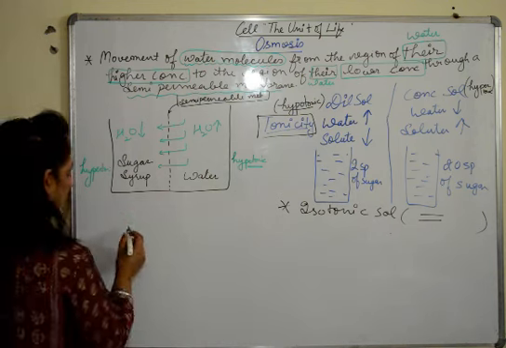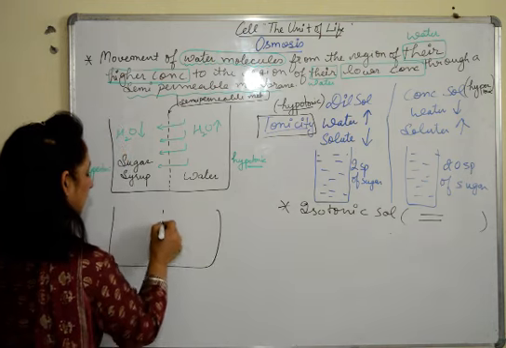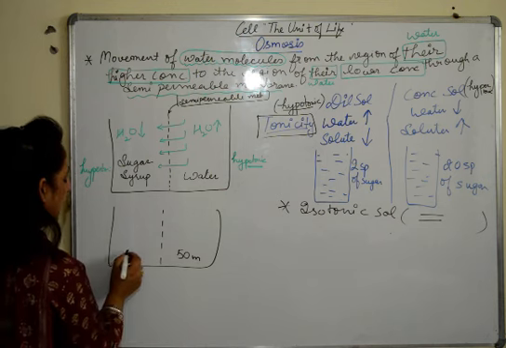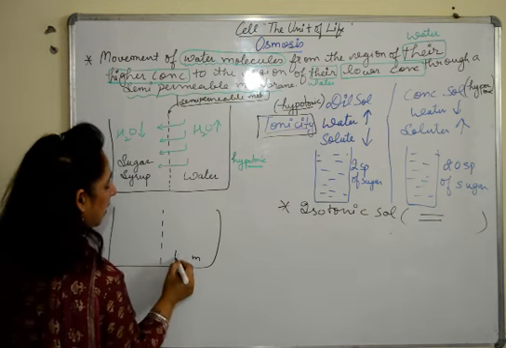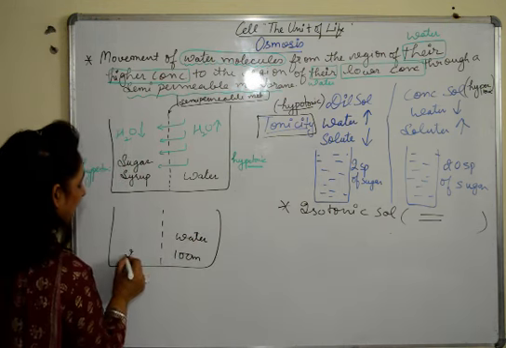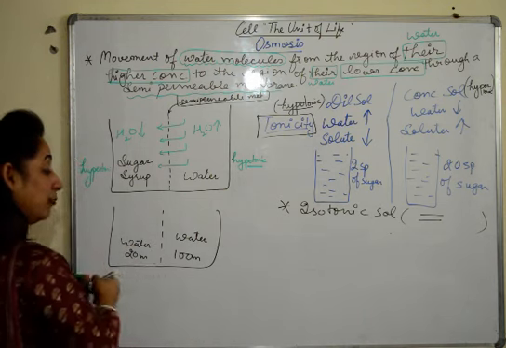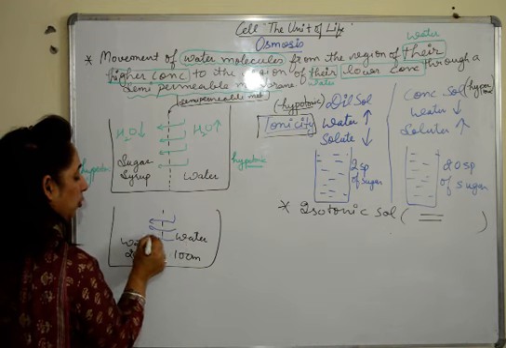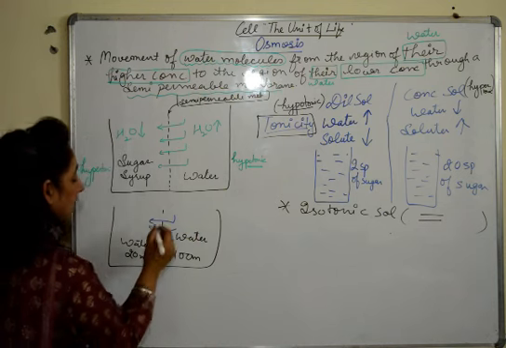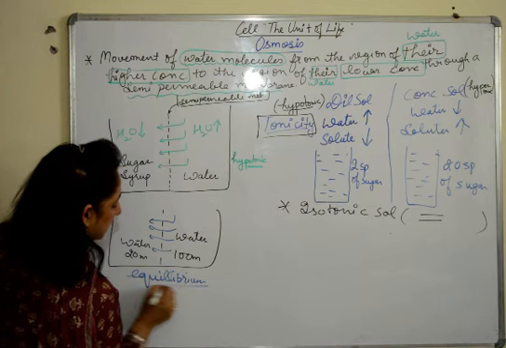If I explain this on the basis of molecules, suppose this is a beaker, and there are 100 molecules of water on this side, and on the other side we have only 20 molecules of water. So how is the movement going to take place? The movement will take place from high to low concentration of molecules of water till a state of equilibrium is attained.